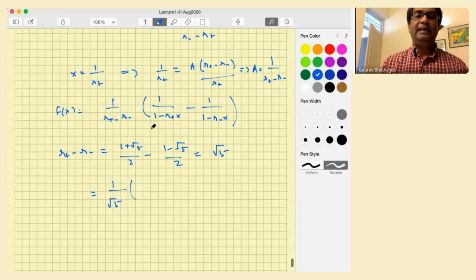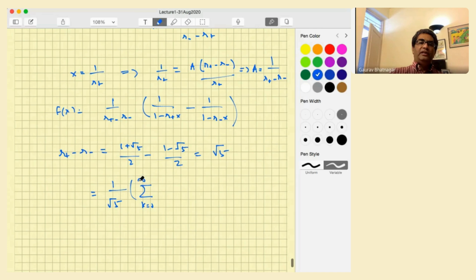Now this one I expand using the geometric series. So I have k going from 0 to infinity, r plus raised to k, x raised to k, minus, and this one also I expand. This is r plus.